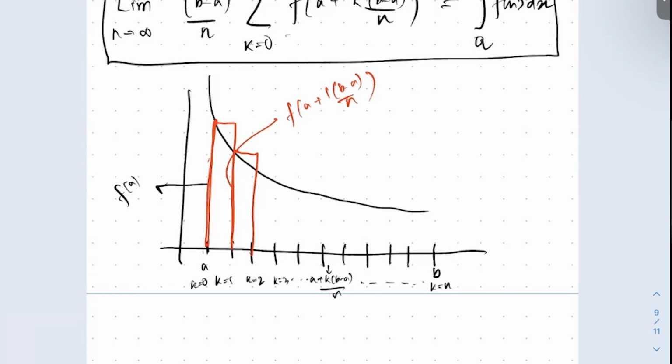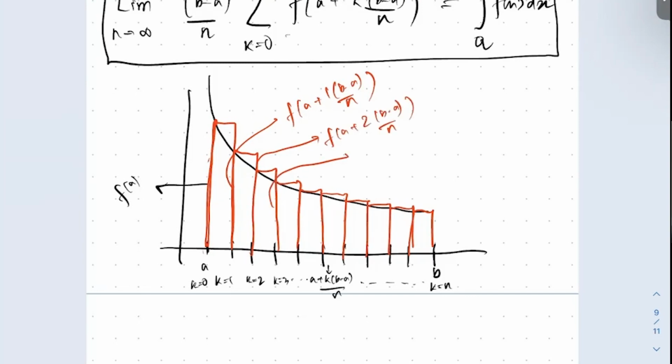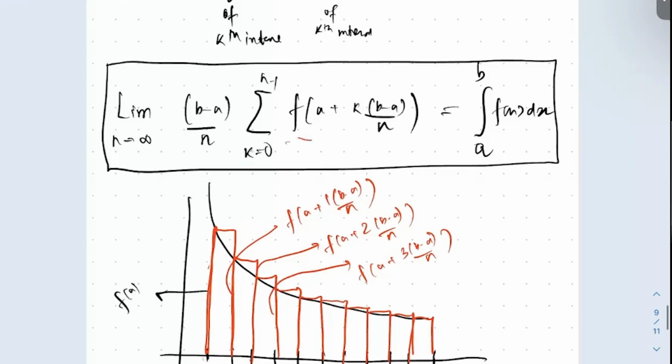The next height will be f of a plus twice into (b minus a) by n, and the next f of a plus thrice into (b minus a) by n. It will go on. So this is the height of the (k plus 1)th rectangle.